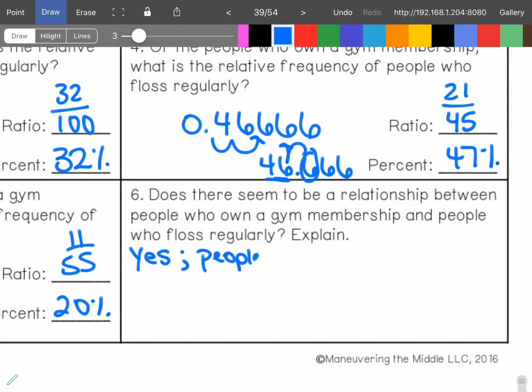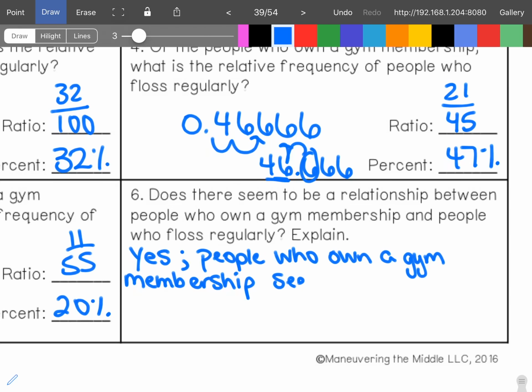People who own a gym membership seem more likely to floss than people who do not own a gym membership.